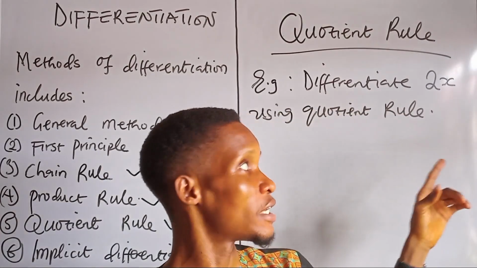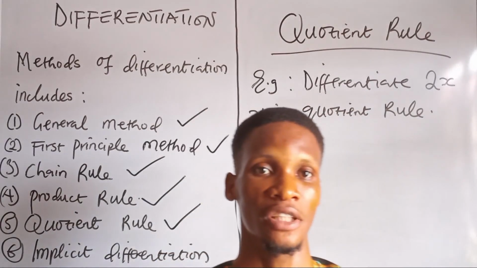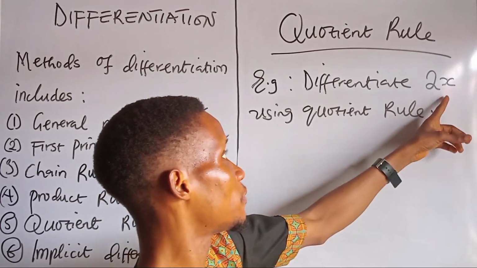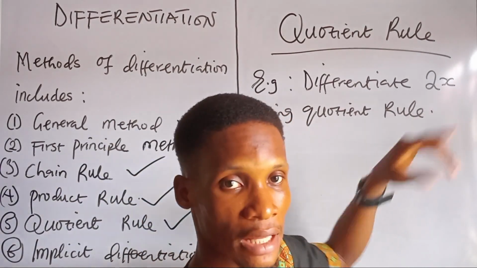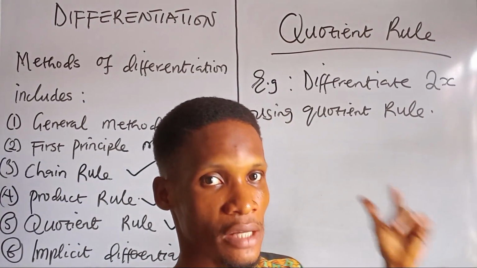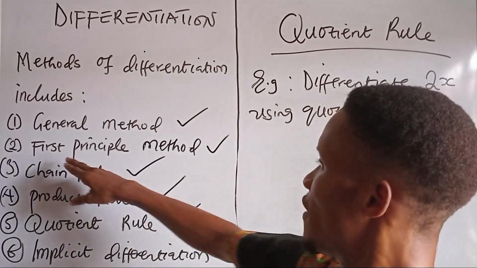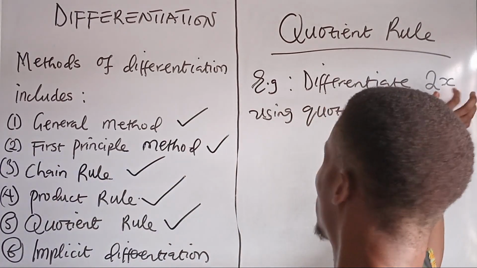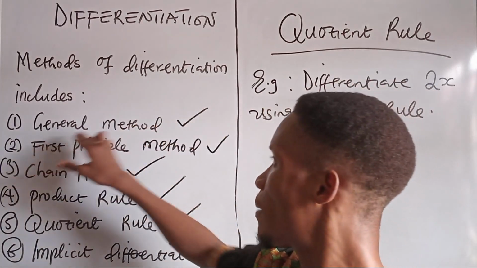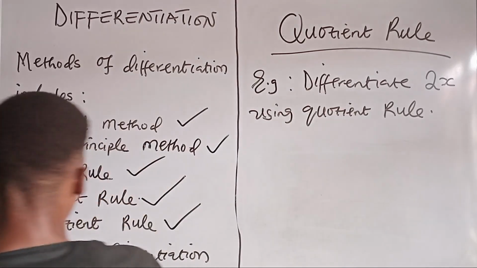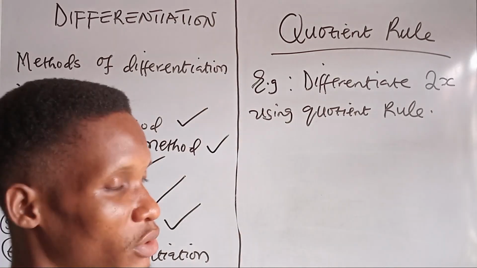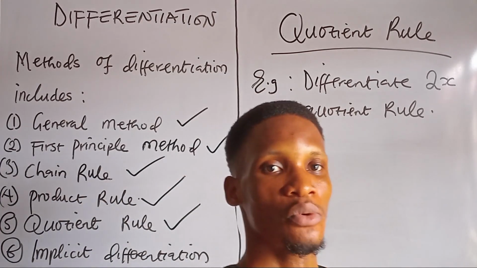But in this case, they say we should use the quotient rule. You can use the product rule, like I've solved it before, and we got an answer. You can also use the first principle method or the general method to differentiate 2x. Now we're using the quotient rule, and let's see what we're going to get.